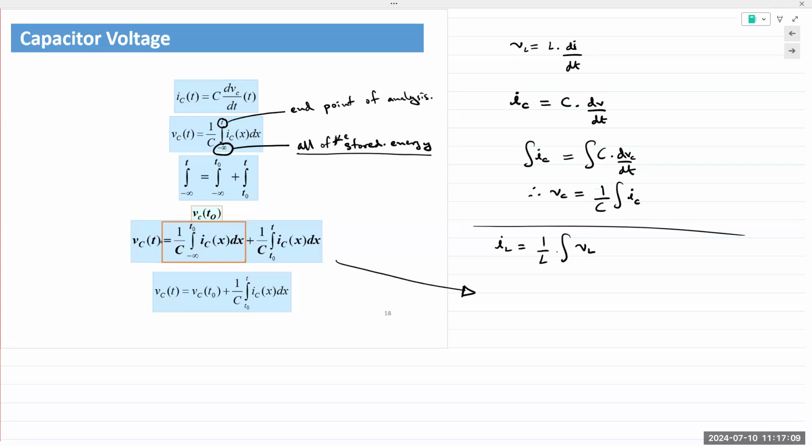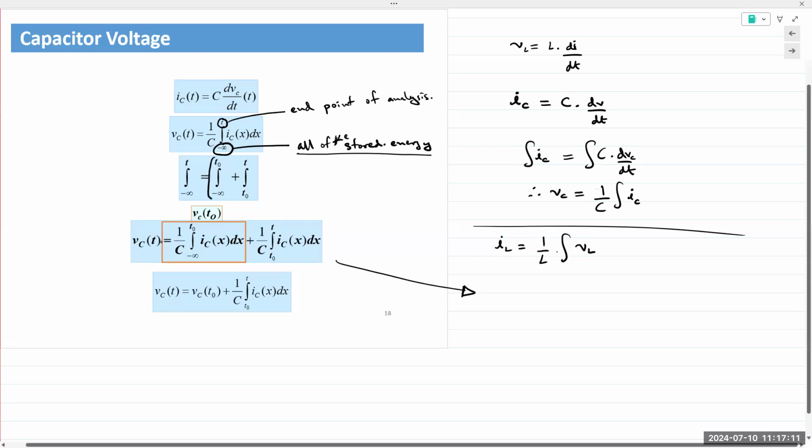All right. So then we break it up into two time portions, minus infinity to t0, and then t0 to t.